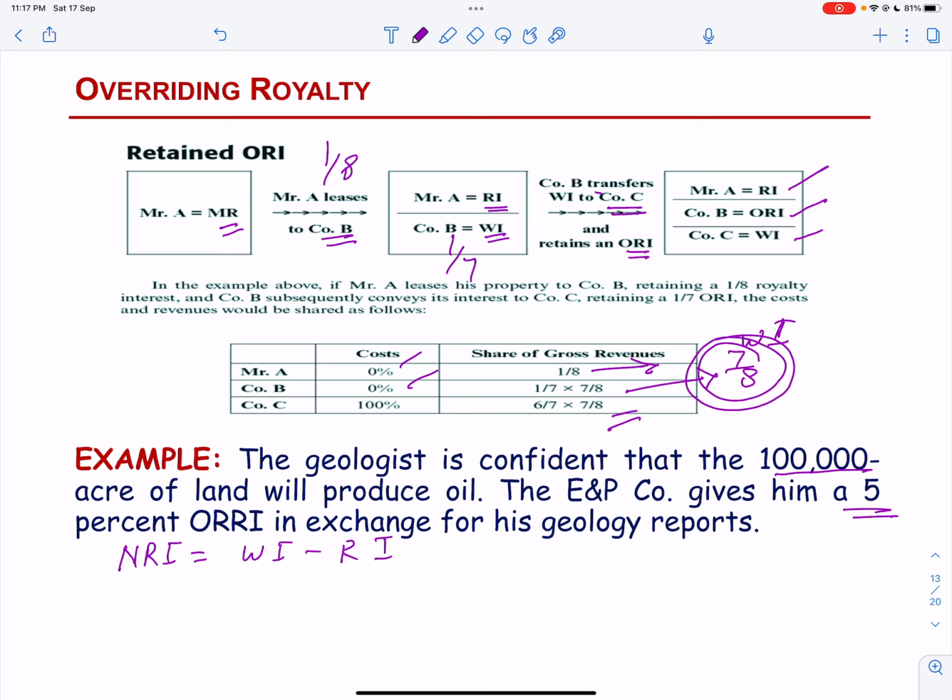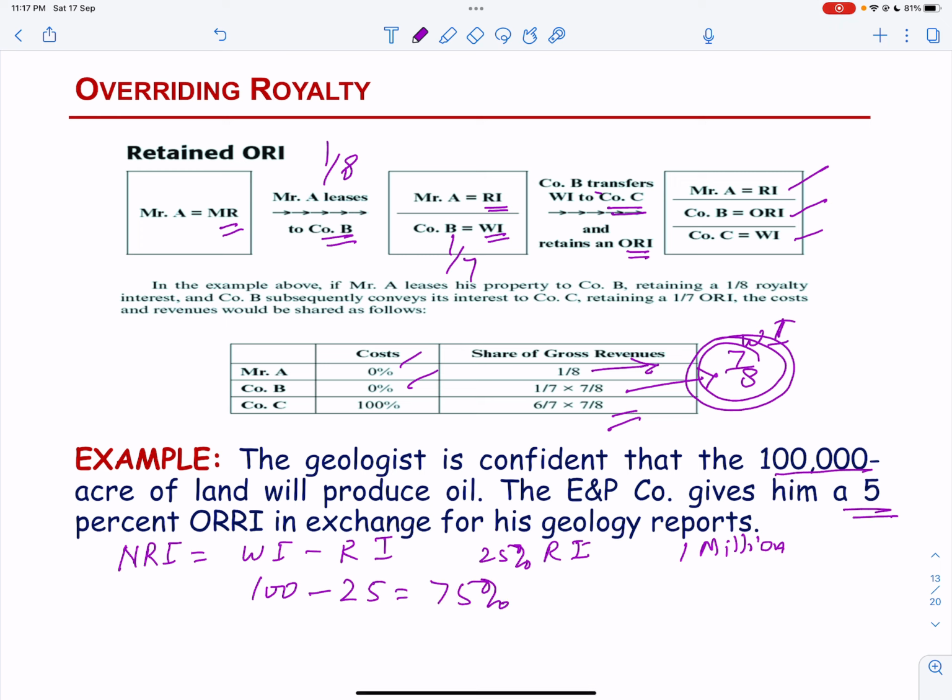The royalty owner receives, suppose, a monthly royalty of 25% of the monthly proceeds. So this is the royalty interest, and the sales proceeds for the first month are, suppose, 1 million. So if the royalty is 25%, the net revenue interest is 100 minus 25, that gives us 75.